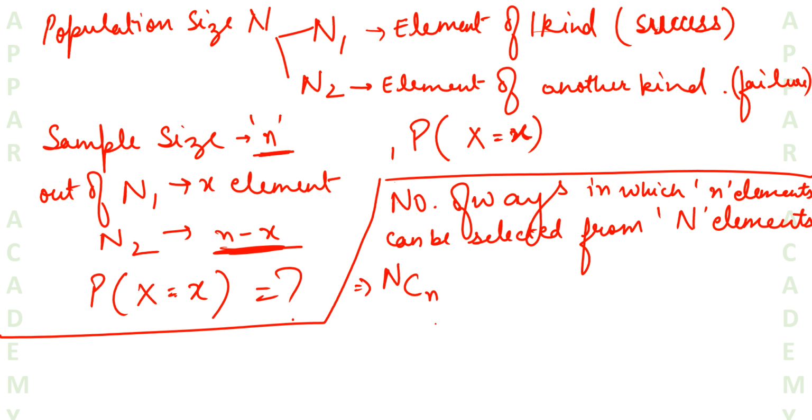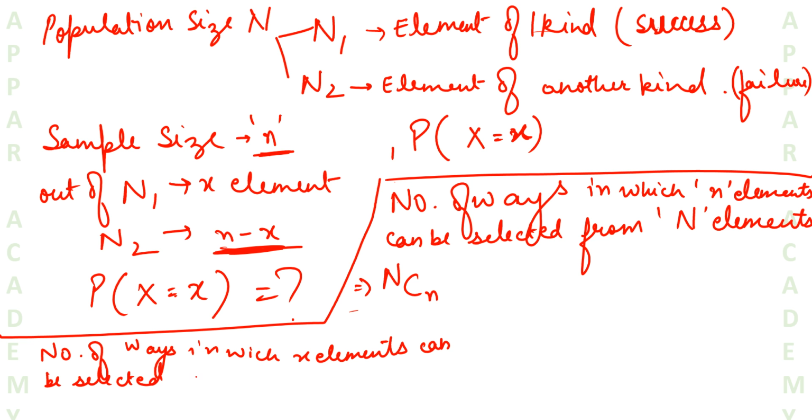Now similarly, I want to find the number of ways in which x elements can be selected out of n1 elements. Why am I doing this? Because out of n1 elements, I need x elements, right?